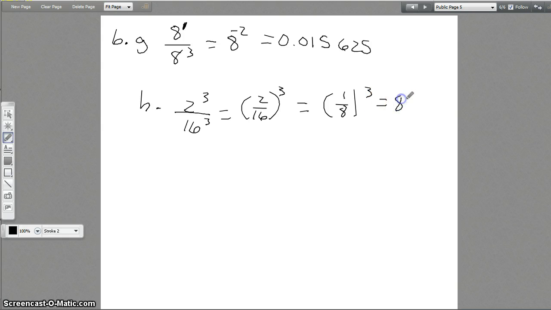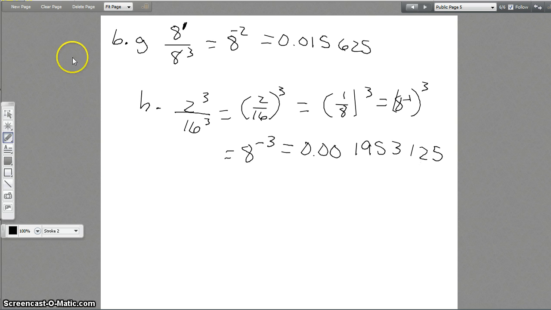That is the same as 8 to the minus 1 to the third power. And that is the same as 8 to the negative 3. And in our table of powers, that is 0.001953125. So that is how you work number 6, which is just like number 11 in your homework.